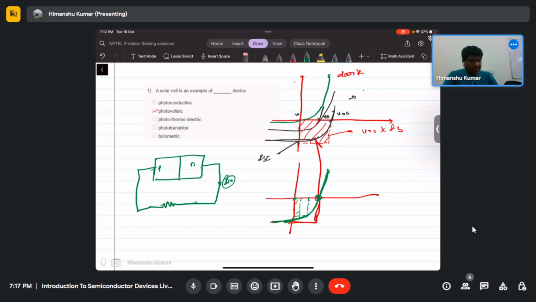The thing is, putting light itself won't change much. There are other parameters like temperature that impact the band gap. But you can't change the band gap just by shining the light.